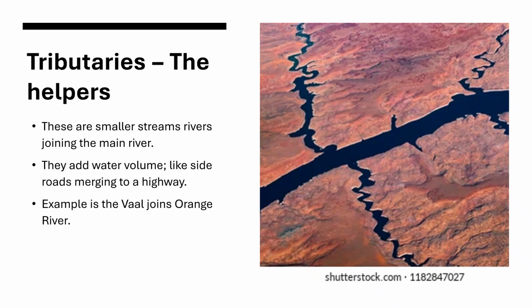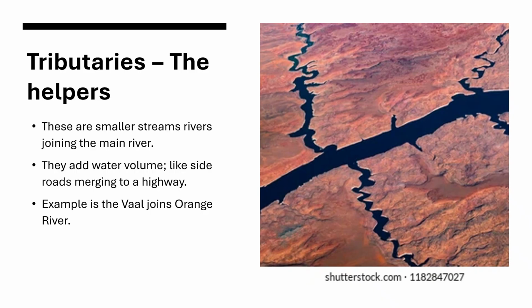So tributaries are like little helpers boosting the main river's flow. They join from the side, as you can see in the picture, bringing extra water into the main river. Let's put it in an example similar to friends forming up for a project.